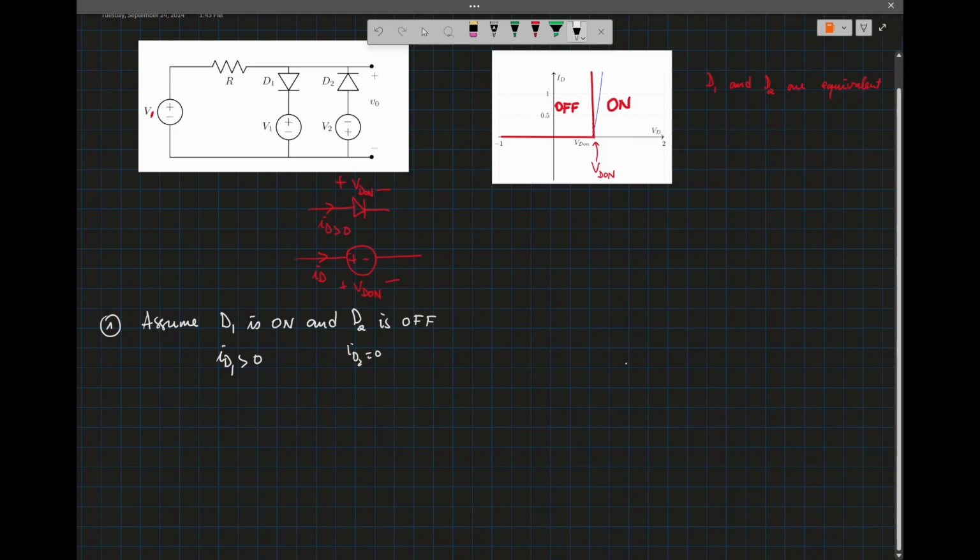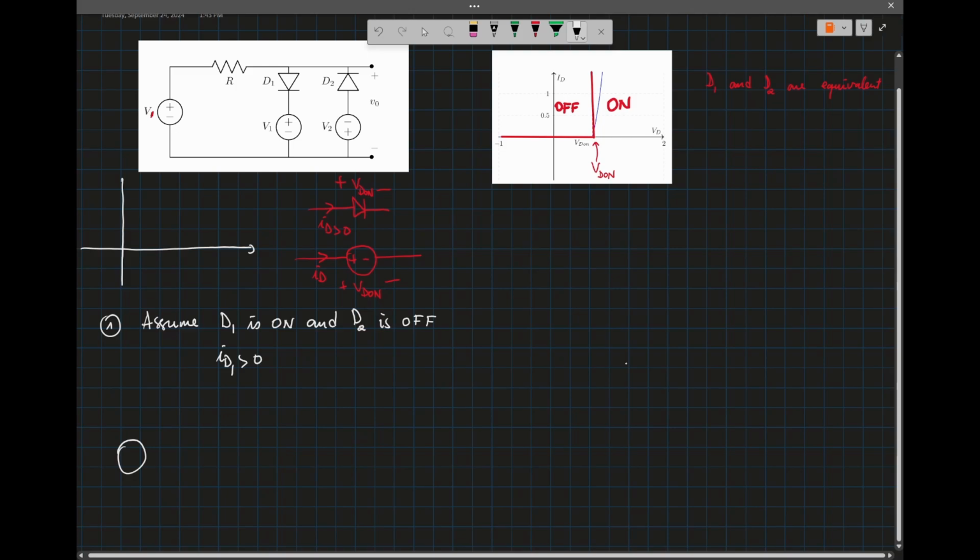So I can redraw the network. I'm assuming that the input voltage is a sine wave, so I'm going to use a sine wave as input. So I have this sine wave, the input voltage VI.